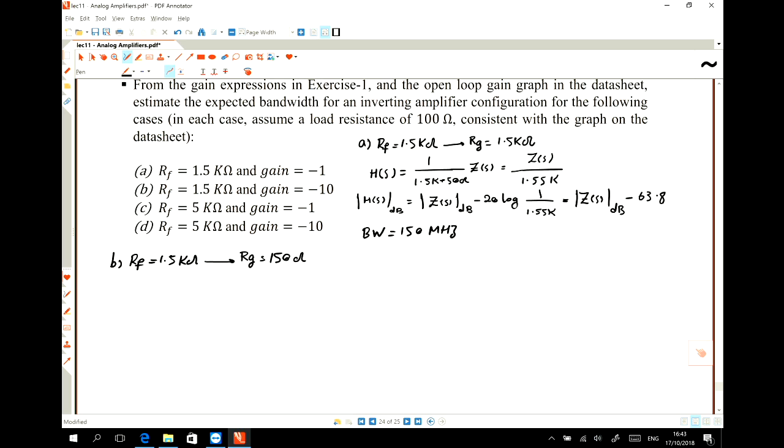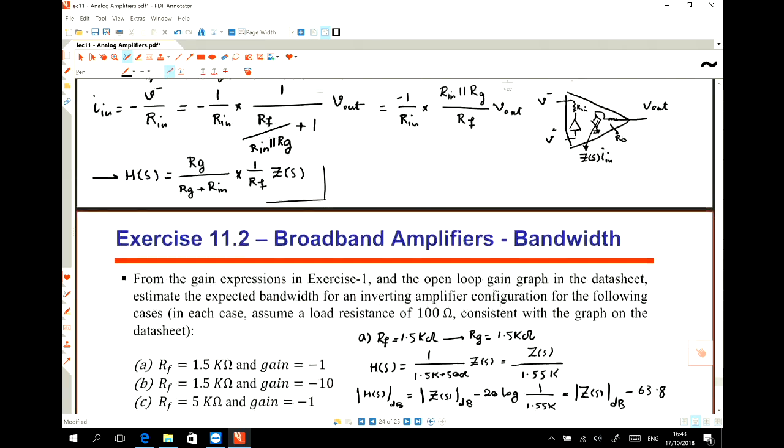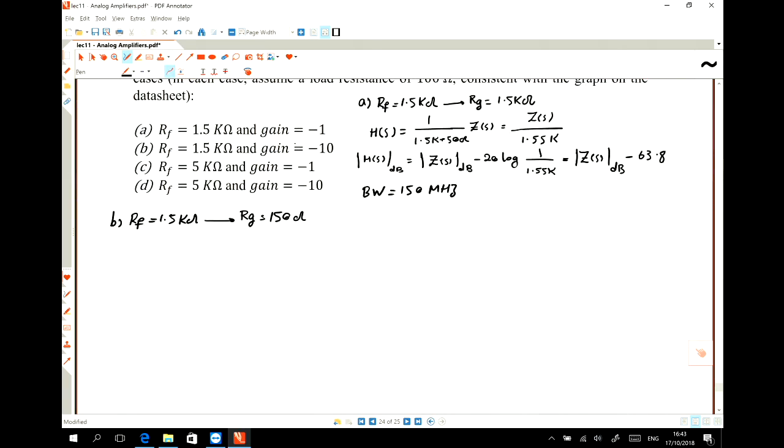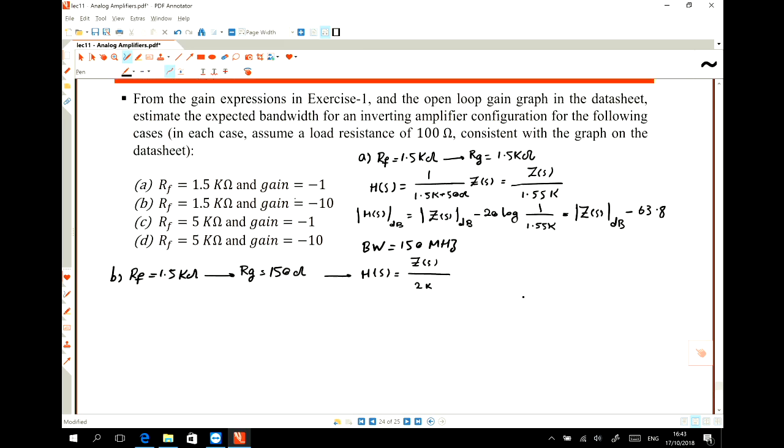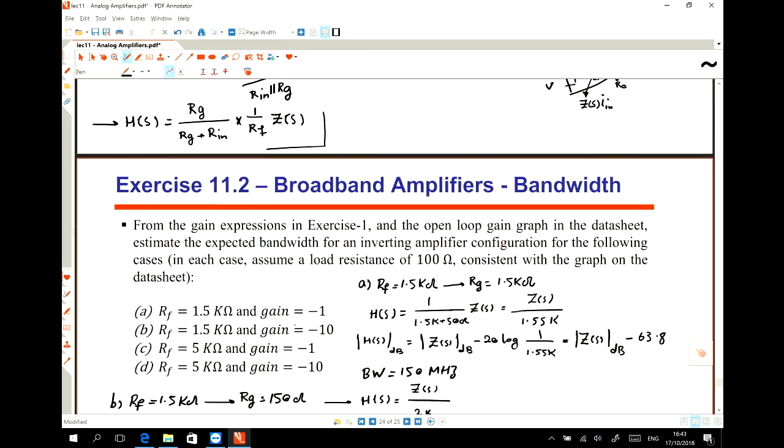Okay, so when RG is 150 ohm, if we put it in this formula, then this HS equals ZS divided by 2K. This time it's 2K. I mean, this is 200 ohm, and this is 10 times of this.